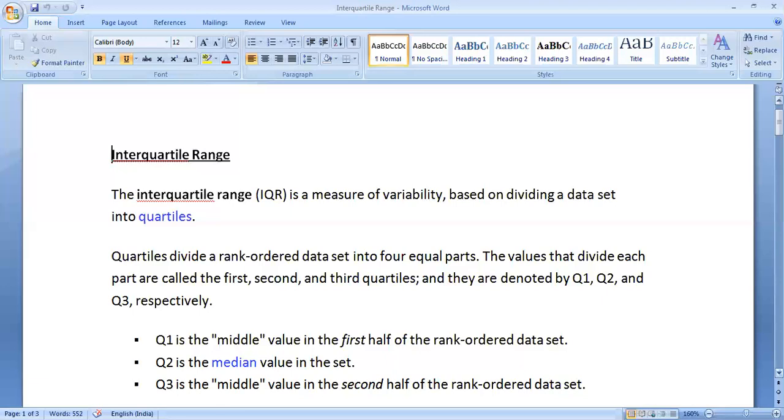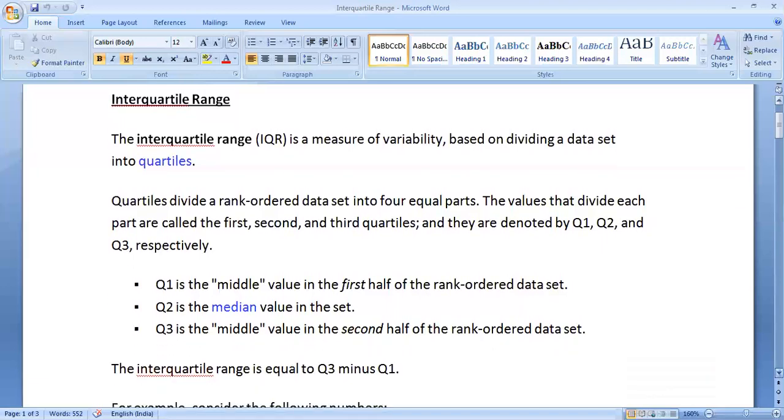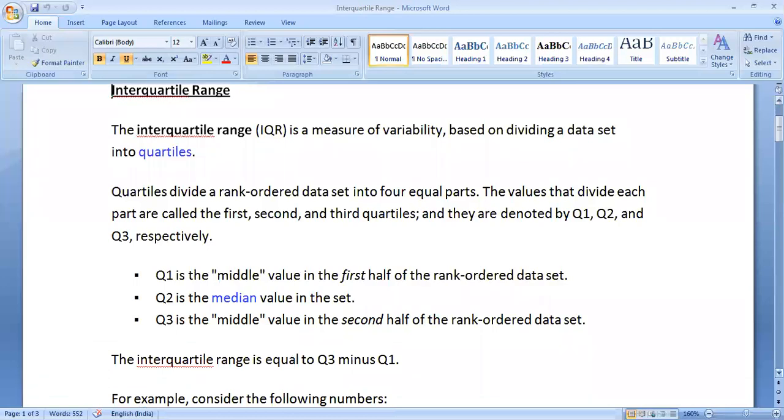After that, we find the median of these elements. For an odd number of elements, the median position is equal to n plus 1 by 2, where n is the number of data elements.